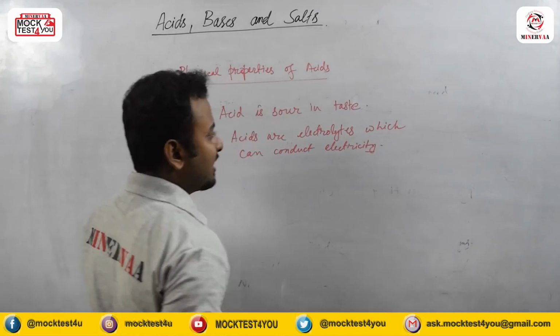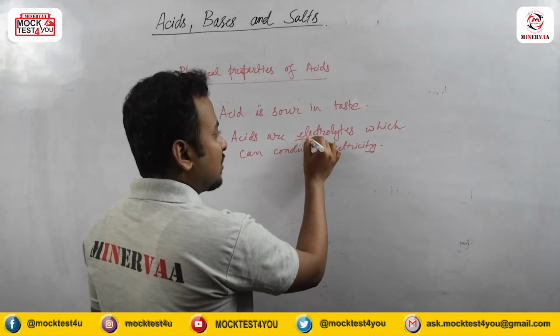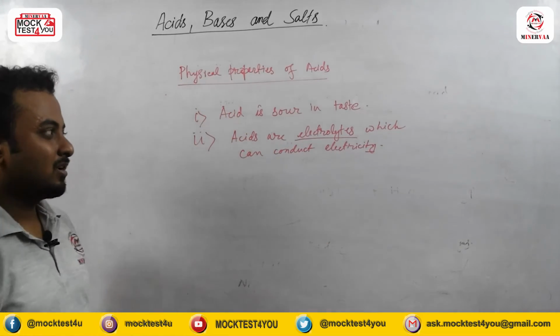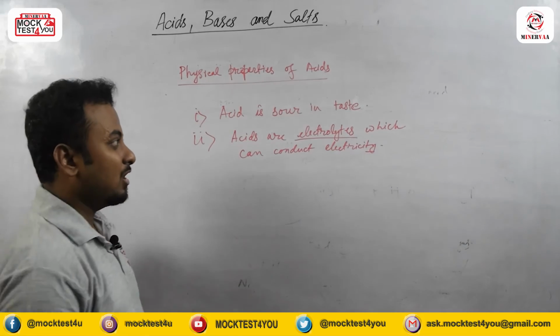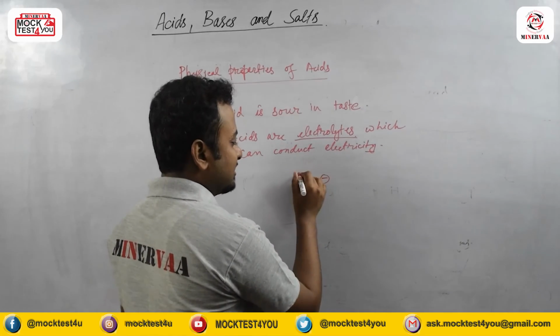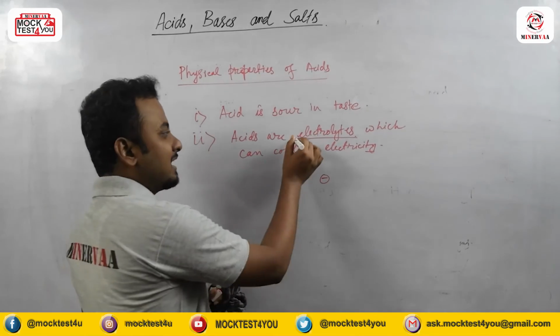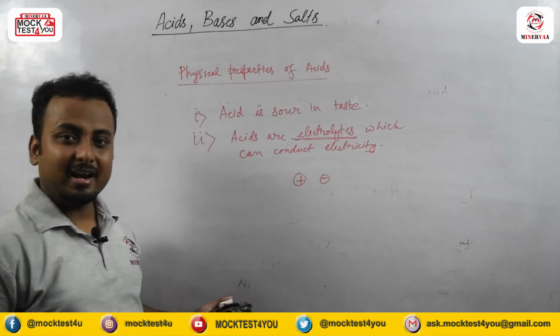So acids are electrolytes. So what are electrolytes? Electrolytes are those things that, in the presence of a solvent, dissociate into positive and negative ions.